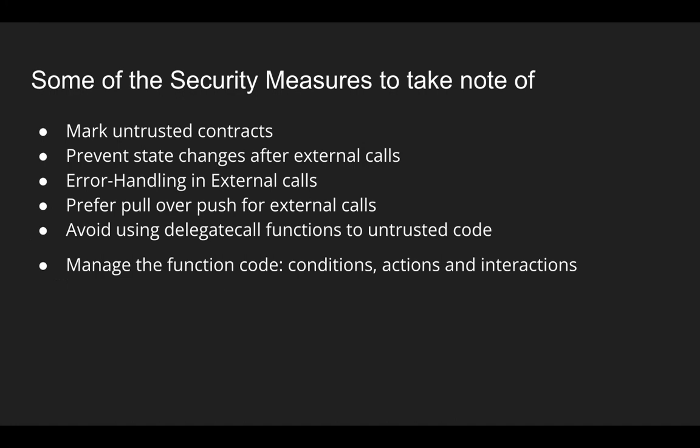That means you make your state changes before finally executing the last layer of a particular function, like I explained in the reentrancy. Then error handling in external calls, and also prefer pull over push for external calls.